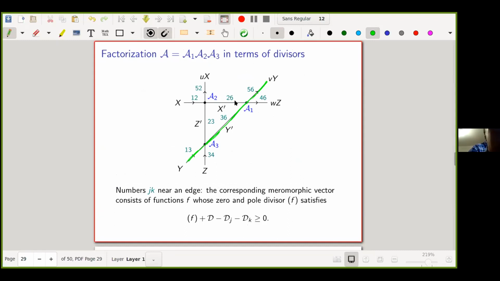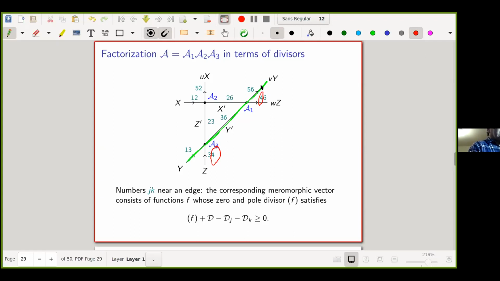What we see to the left of it, we see... To the right of it, we see this divisor number 4.